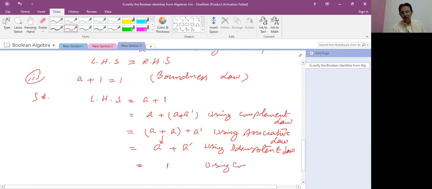Again we are applying the complement law with respect to addition. So student, the left hand side is equal to the right hand side, hence proved.